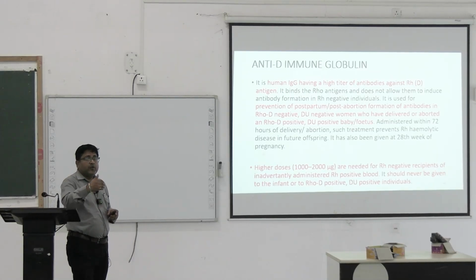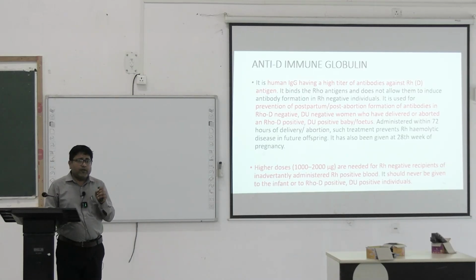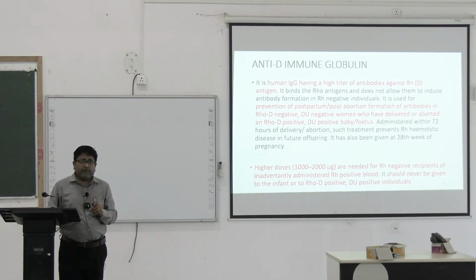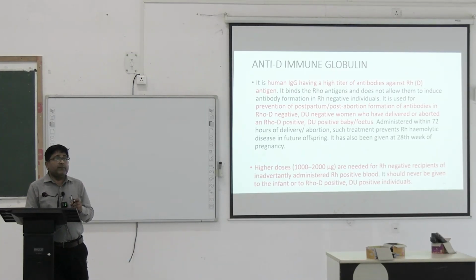What happens during the time of delivery or during abortion? The fetus blood comes in contact with the mother blood. The baby blood is Rho D positive and the mother blood is Rho D negative. So there can be serious hemolytic reactions.